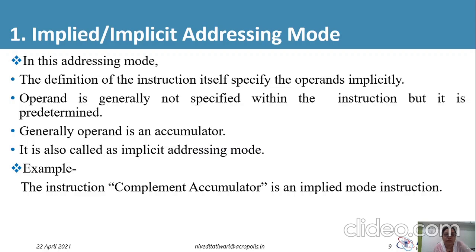Basically, you perform this instruction on the accumulator, taking the value available in the accumulator and performing the complement of that value. So in implied or implicit addressing mode, there is no need to specify the operand in the instruction, but it is predetermined in the given instruction itself.